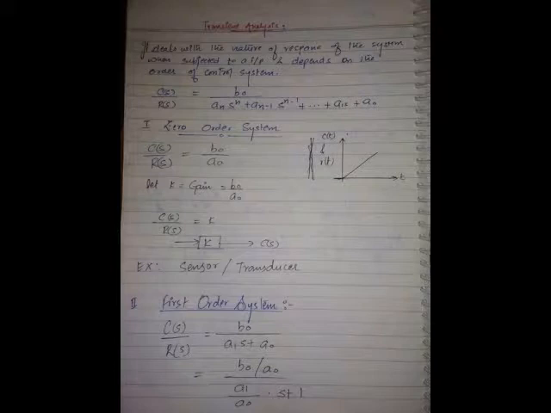An example of a first order system is the RC network transfer function. If you observe, we have obtained the RC network transfer function as V0 by Vi equal to 1 by RCs plus 1. The time constant element, which was defined as a1 by a0 arbitrarily in the general form, is actually the product of resistance and capacitance.